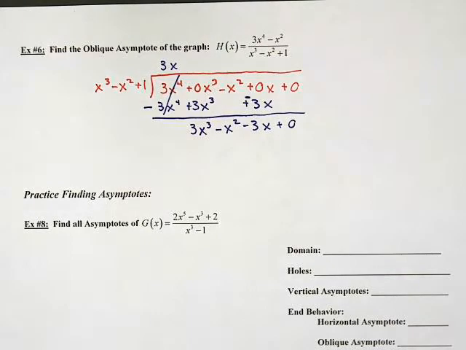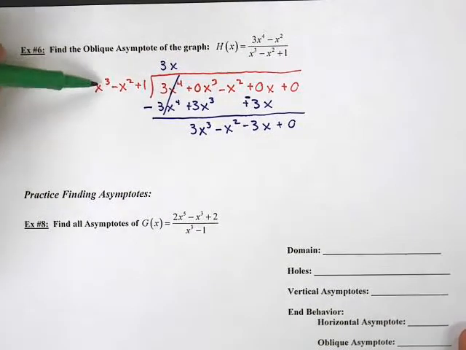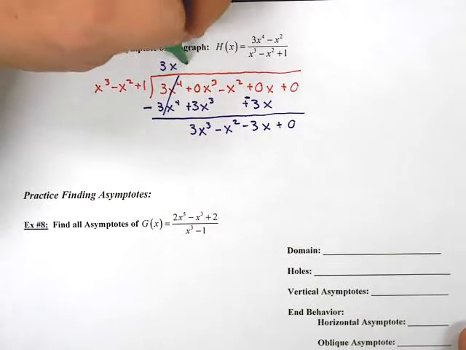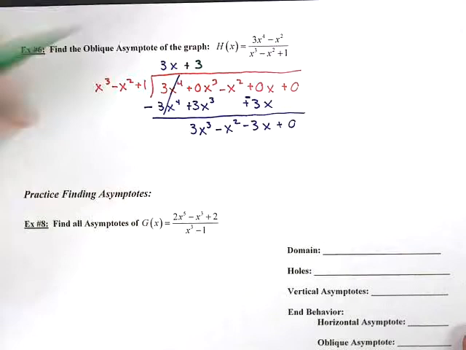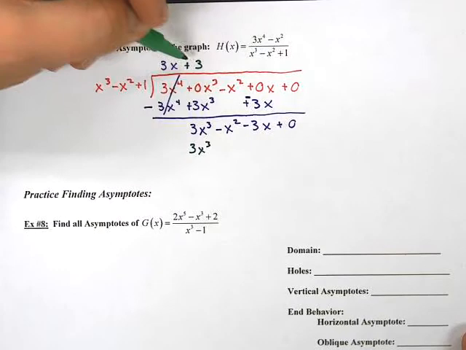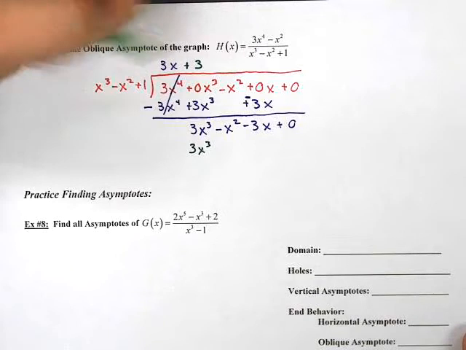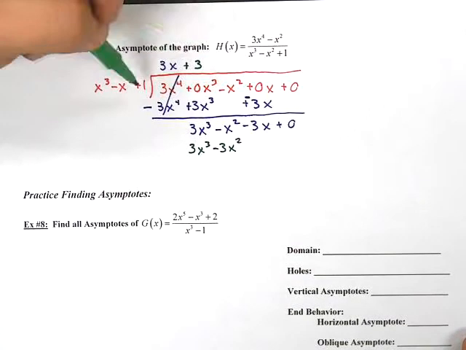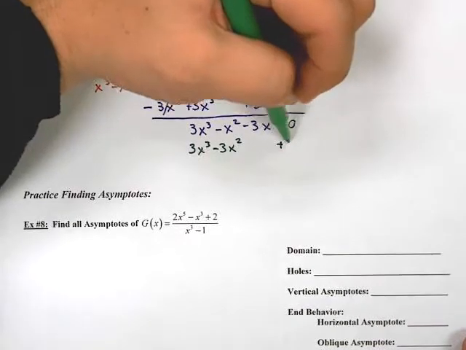We rinse and we repeat. We ask, what is this x cubed missing to make it look like 3x cubed? The answer is a positive 3. When I distribute the positive 3, I get 3x cubed, negative 3x squared, positive 3.